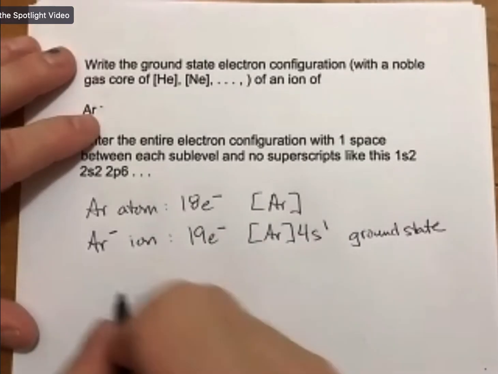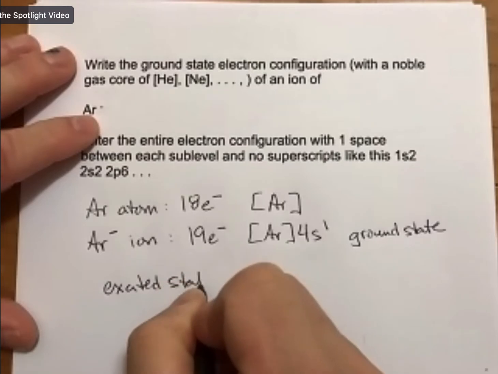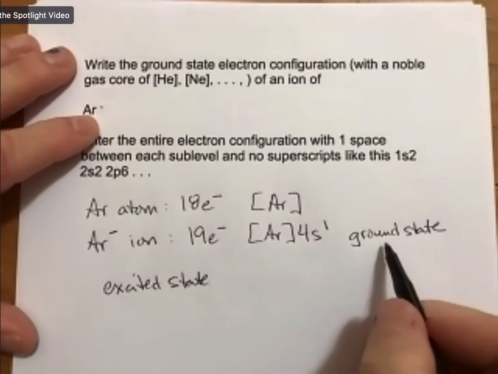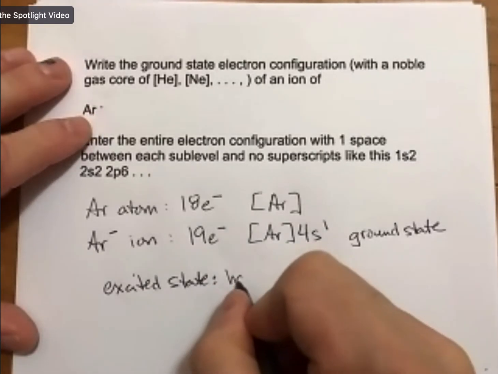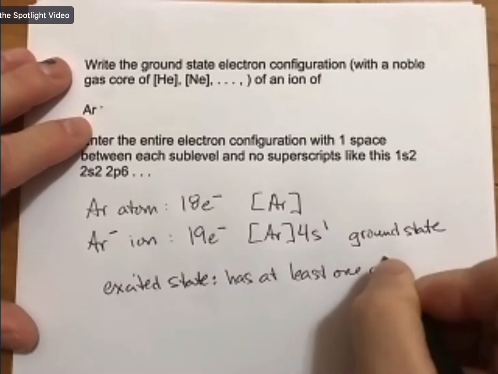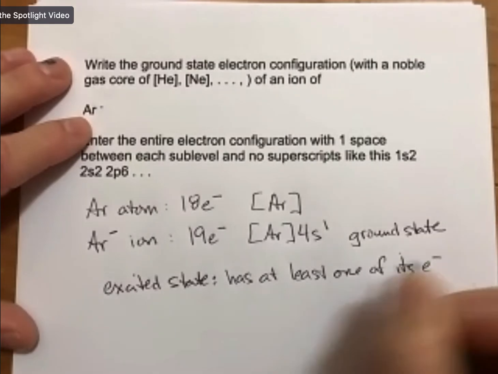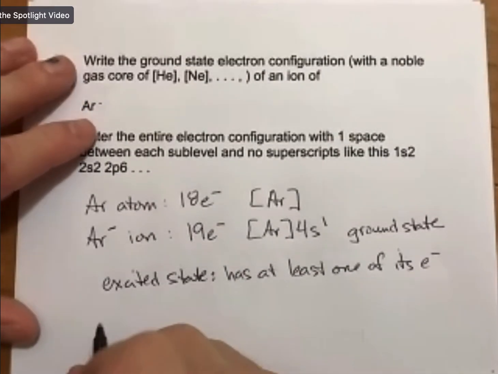Now let me talk for a minute about an excited state. That's sort of the opposite of a ground state. The excited state has at least one of its electrons not in the lowest possible energy state.